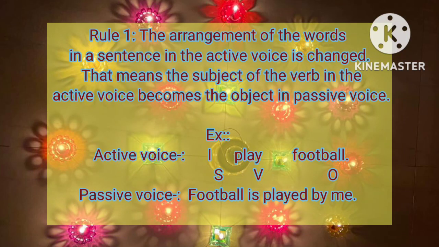First rule is the arrangement of the words in a sentence. The arrangement of the words in active voice is changed. That means the subject of the verb in active voice becomes the object in passive voice. In the example, I play football, it is active form and its passive form is football is played by me.